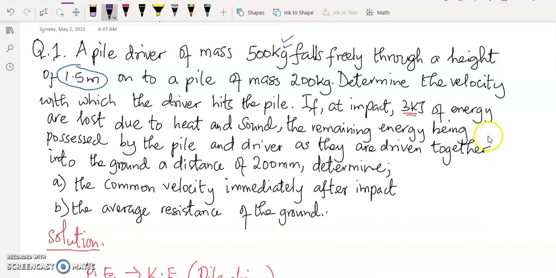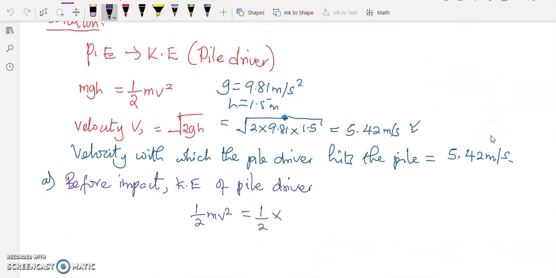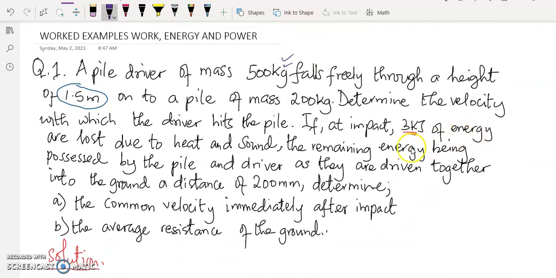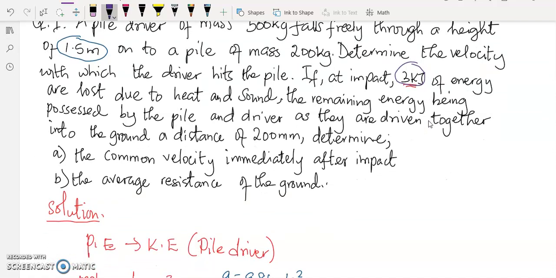So we substitute in this equation: 500 multiplied by the velocity, which you've gotten in the first working as 5.42 meters per second, squared. When you work this out, you'll get around 7.34 kilojoules. But remember, not all this energy remains, because at impact 3 kilojoules of energy are lost due to heat and sound.